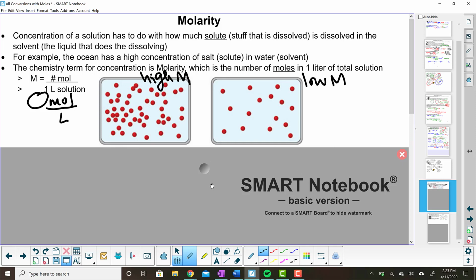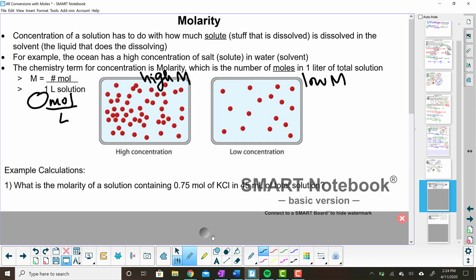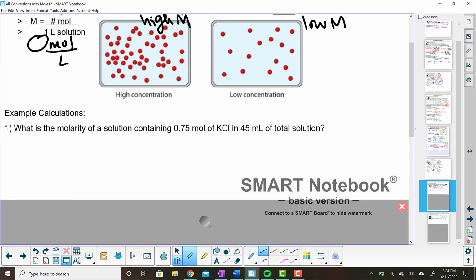So let's see how we can calculate molarity. My first question says, what is the molarity of a solution containing 0.75 moles of KCl in 45 milliliters of total solution? So I know how many moles I have, and I have milliliters. Now, molarity is moles divided by liters.